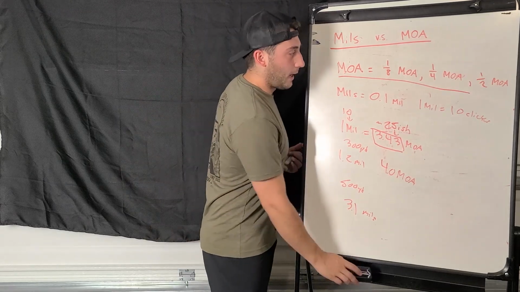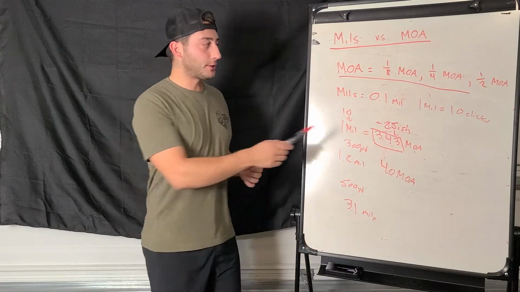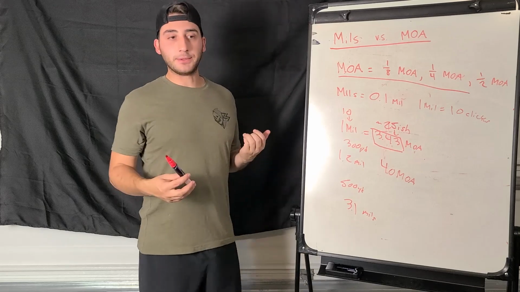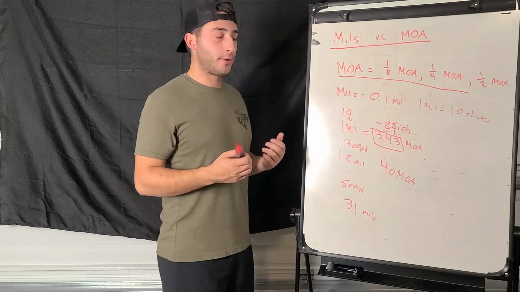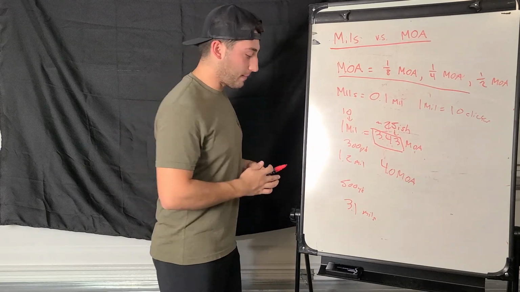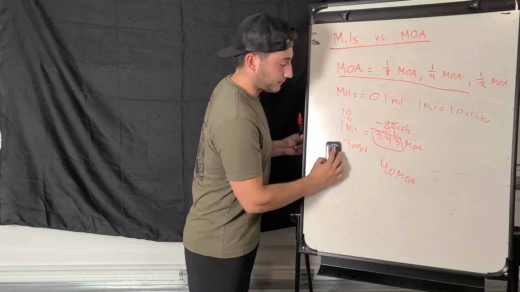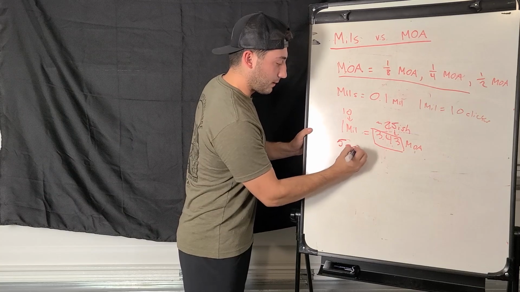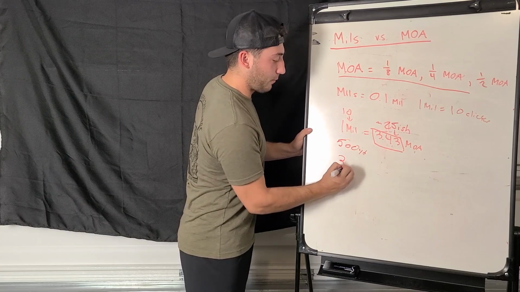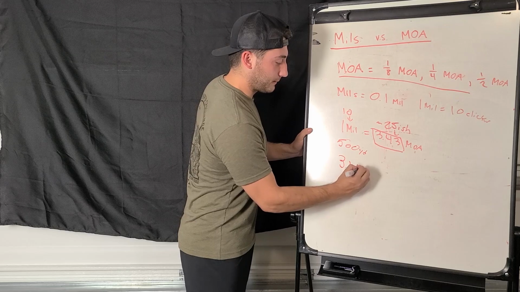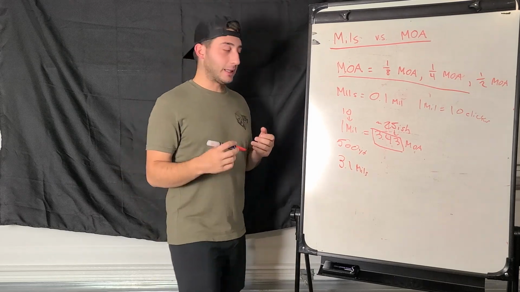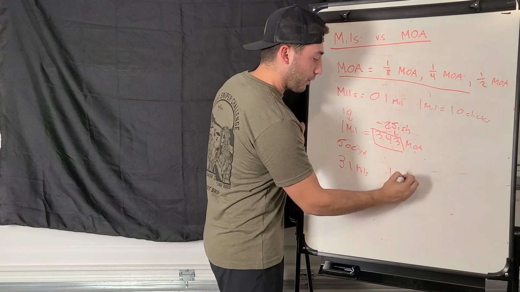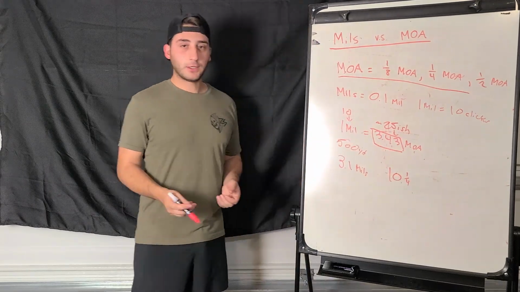All right, and a lot of people, when it comes to math, hate fractions. All right, MOA works in fractions, whereas mils works in decimals or tenths, which is a lot easier to work with, especially on the fly. So I can remember my dope for 500 as 3.1 mils. All right, which is a lot easier to remember than 10 and 1/4 MOA. All right.